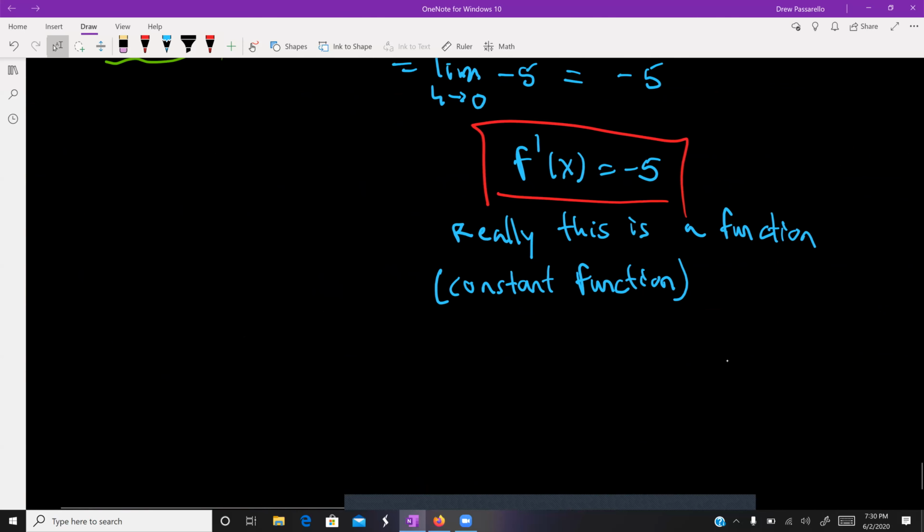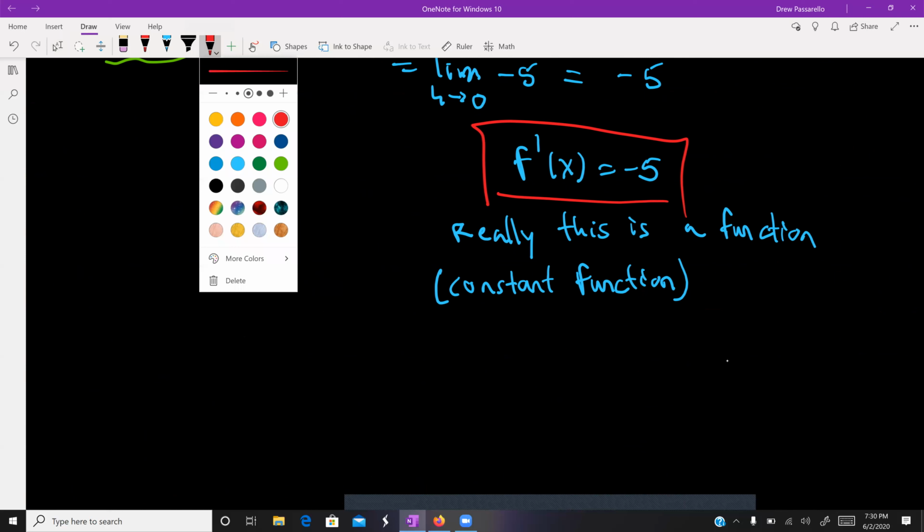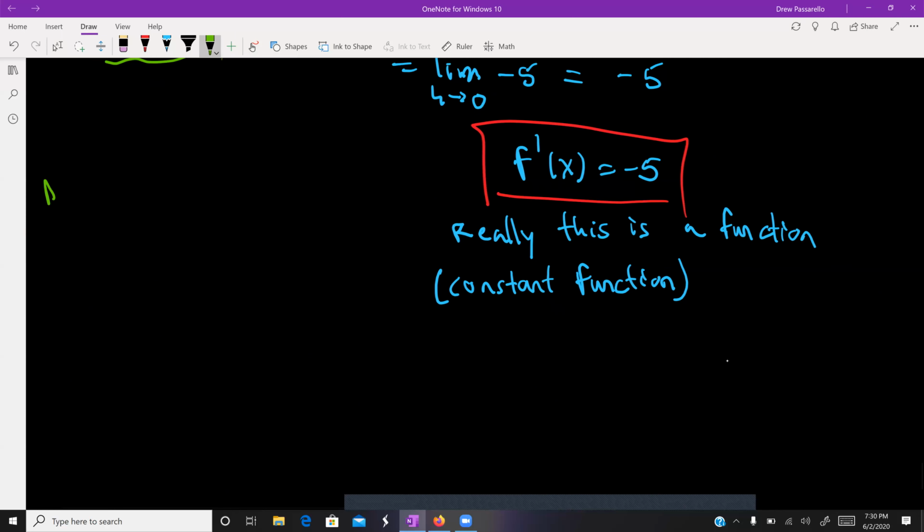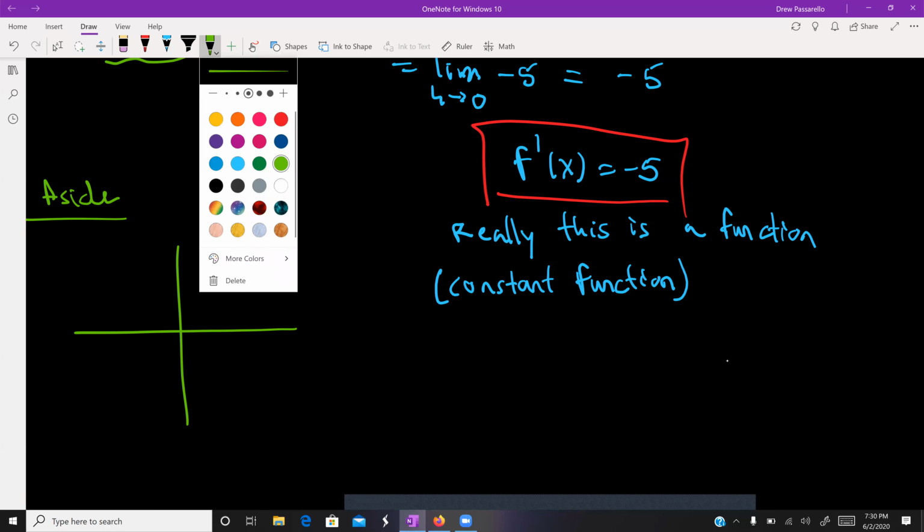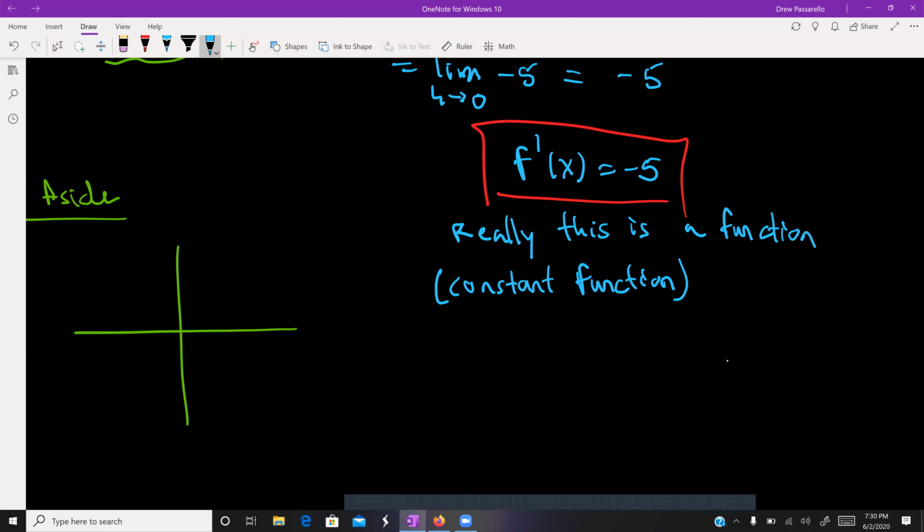So a constant function is just where you plug in any input, you get the same output, in this case, it's -5. And so if you were to graph it, now this is just an aside, if I have my x and y axes and I were to plot -5, it'd be a horizontal line that goes like this.